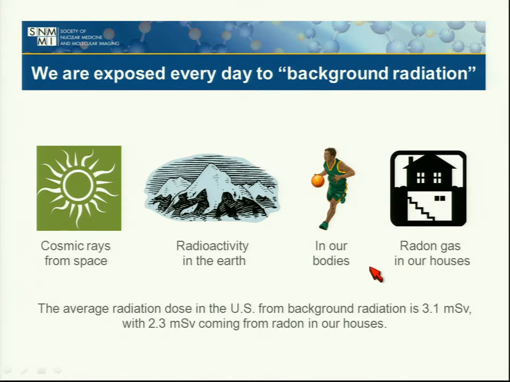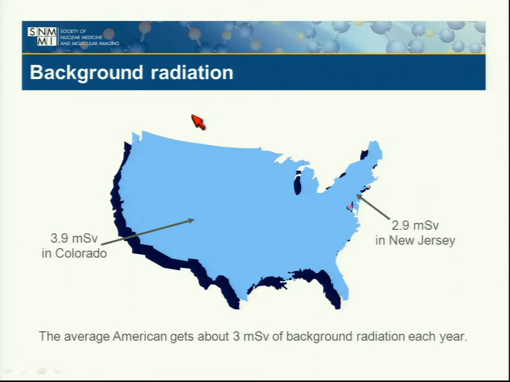If you add that all up, you get about 3 millisieverts every year. Every person in the country, on average, gets 3 millisieverts per year. 2 millisieverts of that comes from the radon, and that varies depending on whether you live in a brick house or wood house and other things, but on average, that's what it is. Now, it may change a little bit depending on where you live.